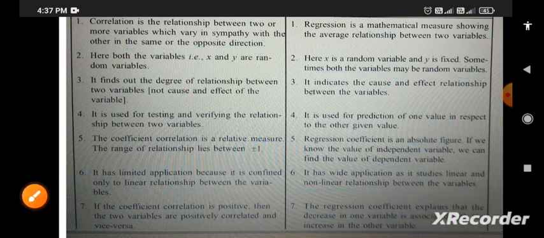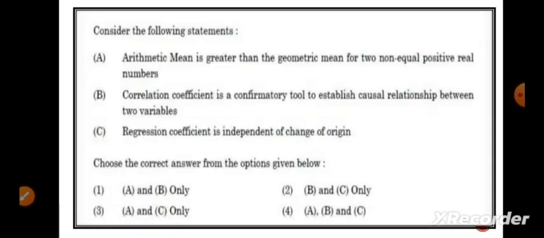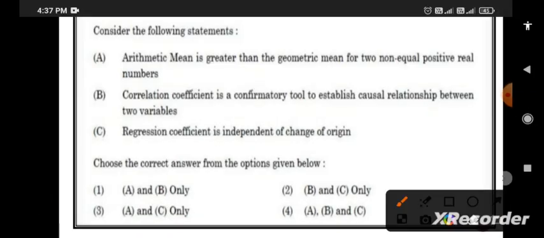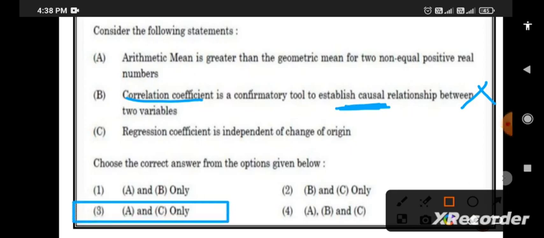And the regression coefficient explains that the decrease in one variable is associated with the increase in the other variable. So here we got that the correlation coefficient does not tell us about the causal effect relationship between the two variables. So this will be our wrong statement. After eliminating this, we will get our correct answer, which will be option third, that is statement A and C.